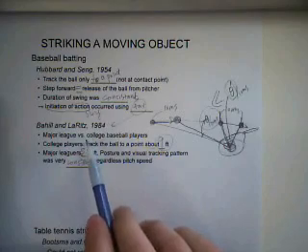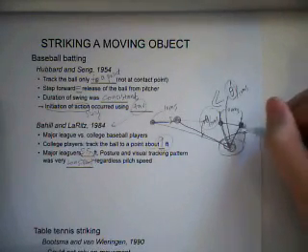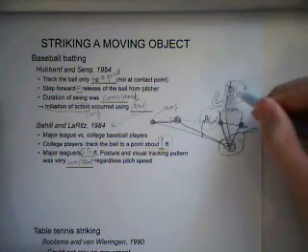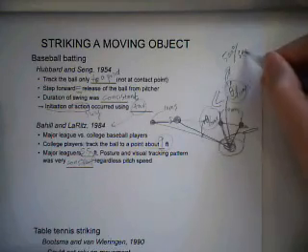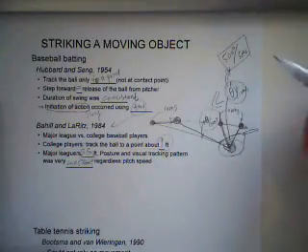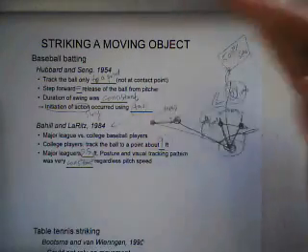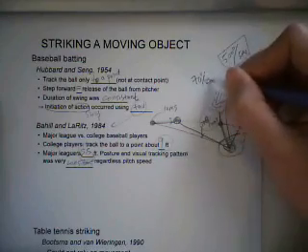Bahill and LaRitz said that at the contact of the ball, this angular velocity reaches about 500 degrees per second. That's really fast, and the human limitation to track angular velocity is about 70 degrees per second.